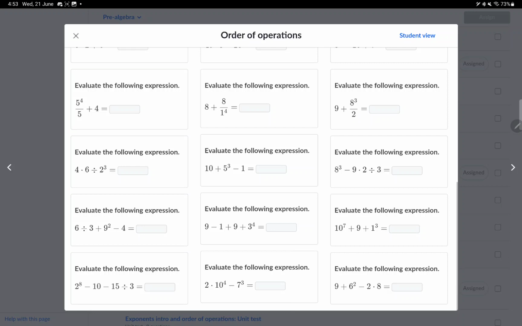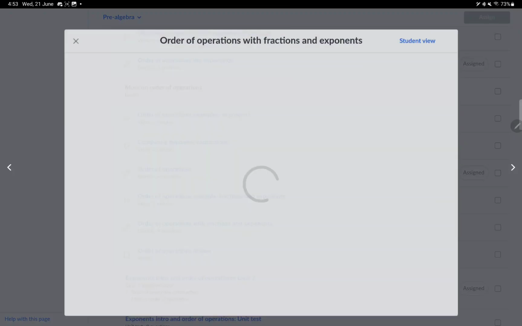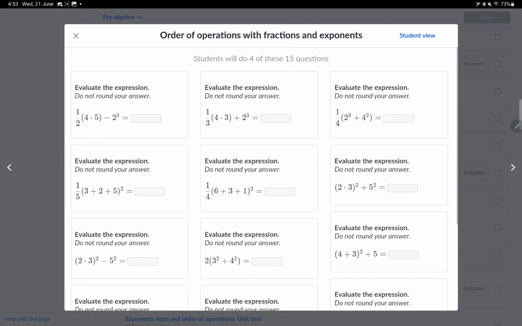Any question? No? No, Alvina? Yeah, all good. Let's see. I think this is the last one. Let me double check if this is the last one that you were assigned for the first half. No, not yet. Order of operations with fractions and exponents. Writing expressions with variables.